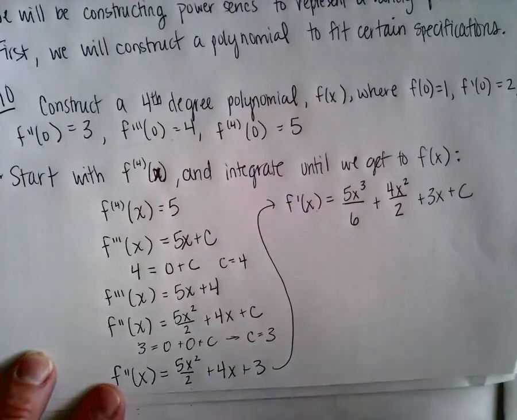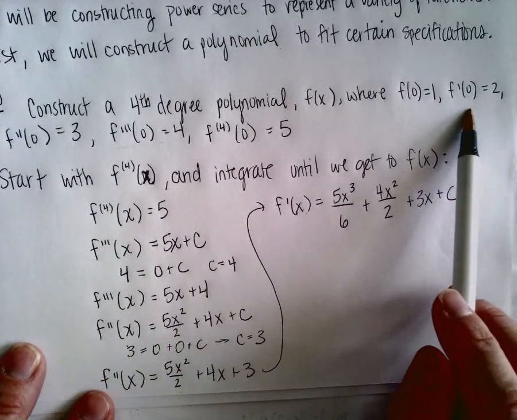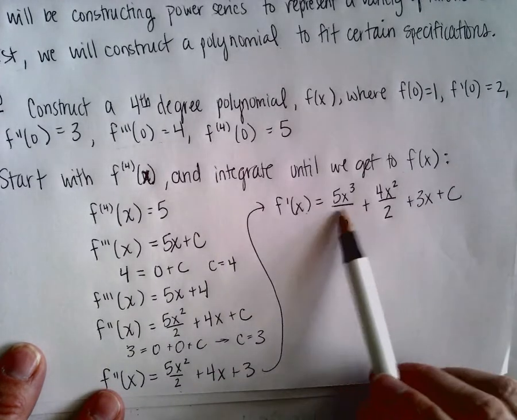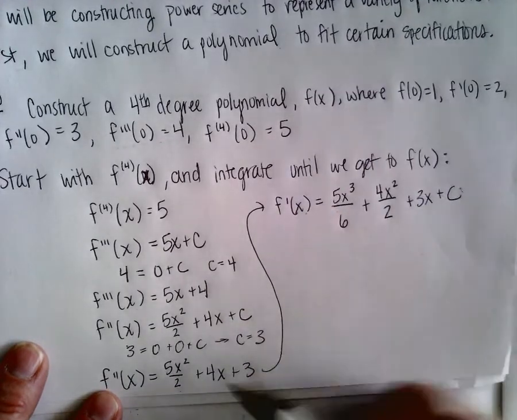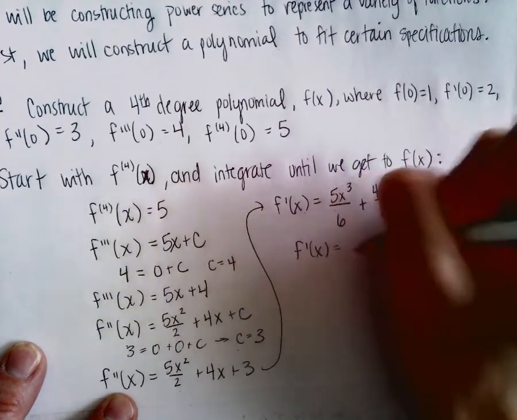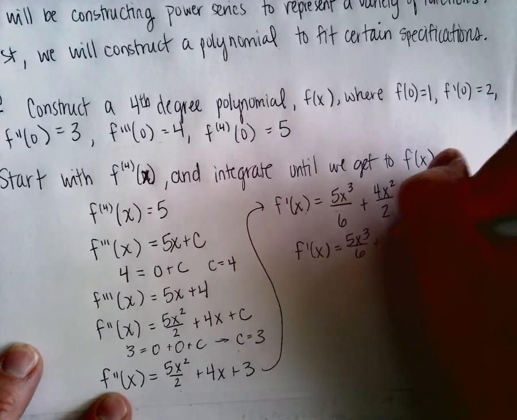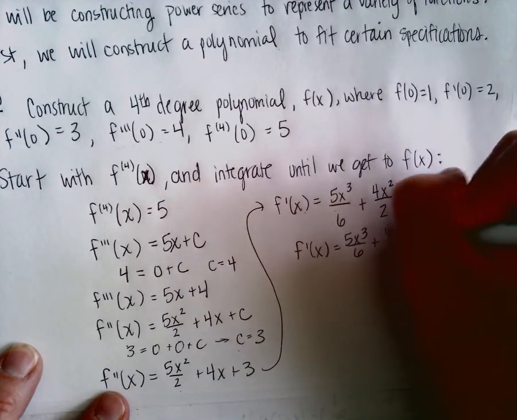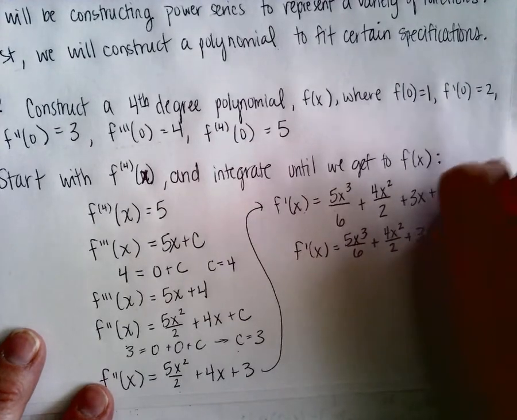Okay, so now I use the first derivative. f prime of 0 is 2. So if I plug in a 0 here, and that equals 2, c is going to have to equal 2, just like on the previous ones. So I have f prime of x equals 5x cubed over 6 plus 4x squared over 2. I'm not going to reduce this, and I'll tell you why in a minute. Plus 3x plus 2.